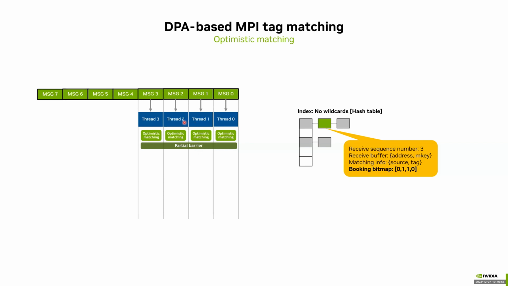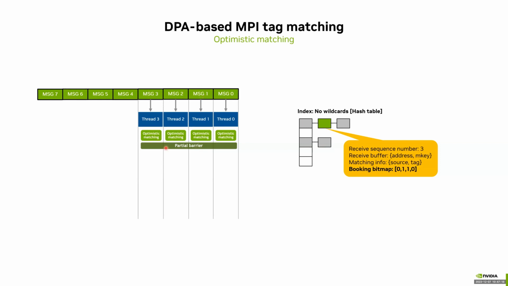This is simply because constraint 2 says that if, for example, message 1 and message 0 match the same receive, then message 0 has to win. So we don't care about the messages that come after us. We just care about the messages that come before us.